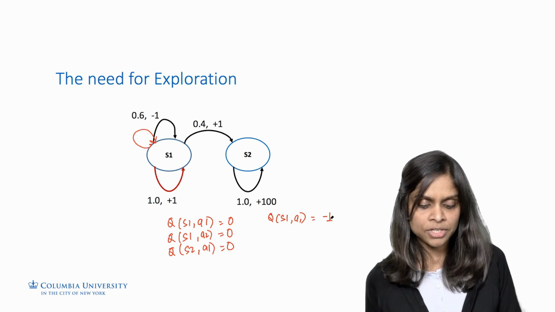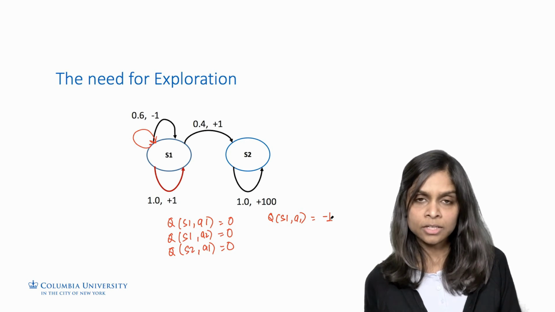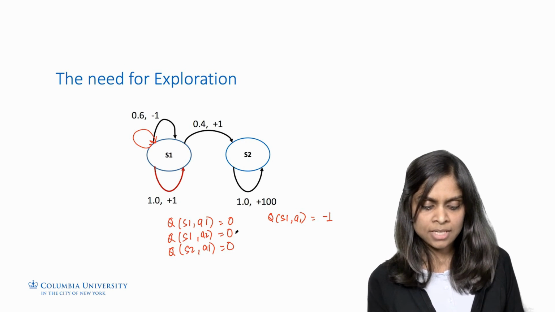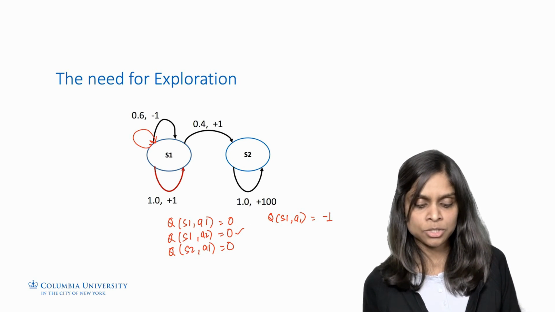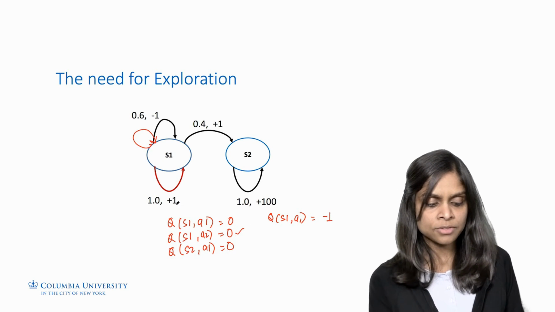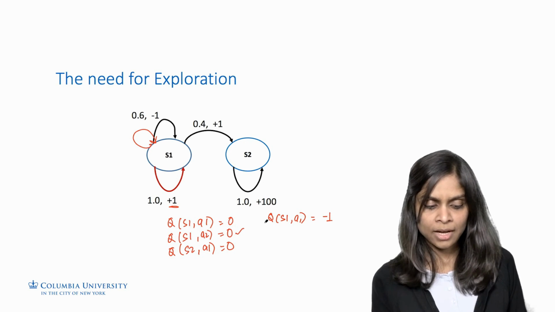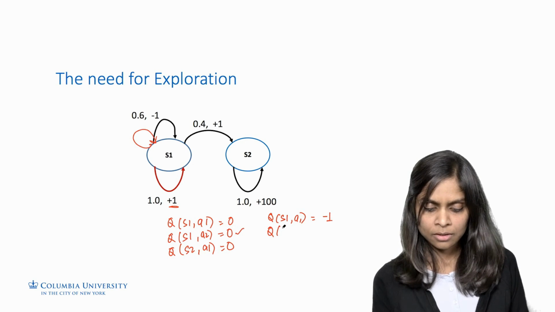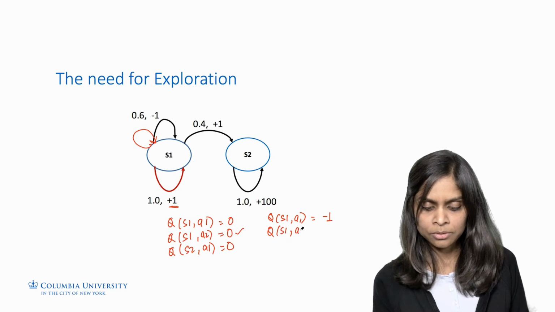Now in the next iteration, it looks at the current Q values, and it's still in state S1, so it sees that A2's Q value is better and decides to take action A2. And it observes the reward of +1 and transition back to state 1. So it updates the Q value to 1.